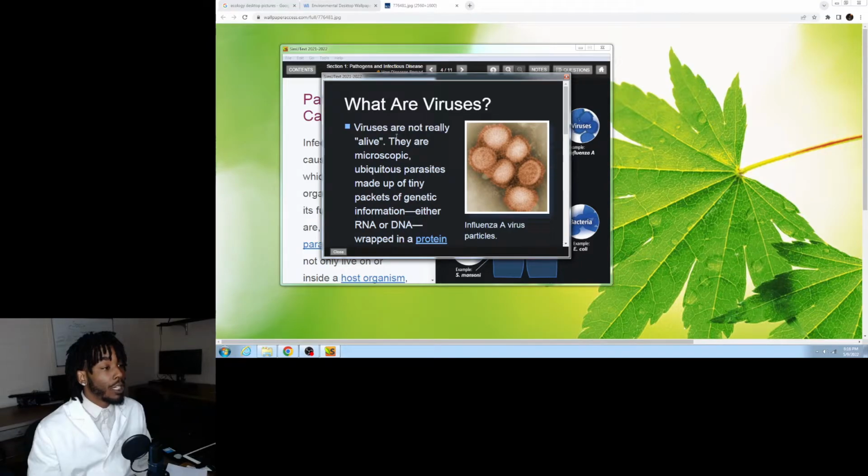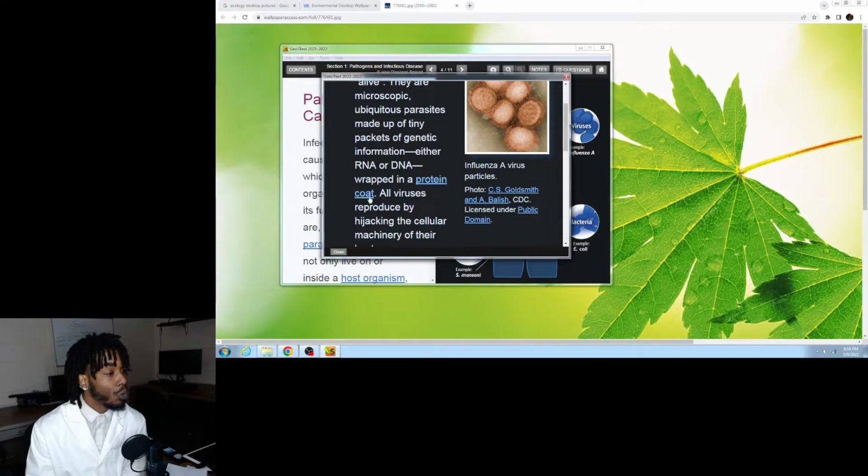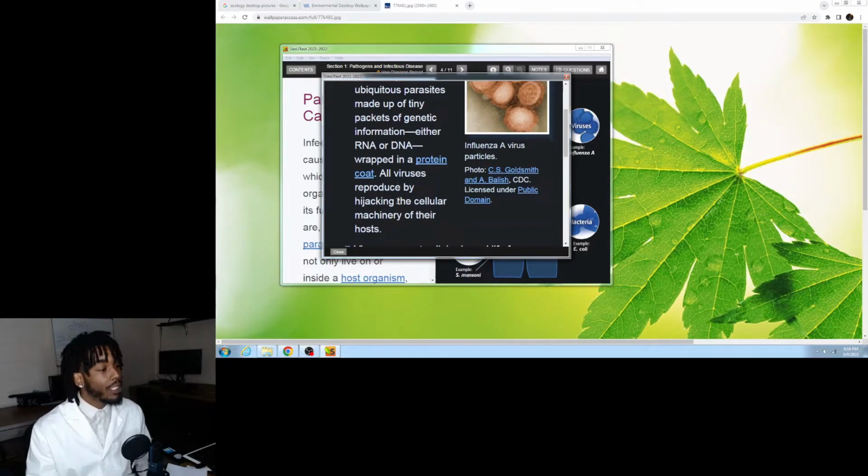Viruses are not really alive. They are microscopic, ubiquitous parasites made up of tiny packets of genetic information, either RNA or DNA, wrapped in a protein coat. All viruses reproduce by hijacking the cellular machinery of their host.